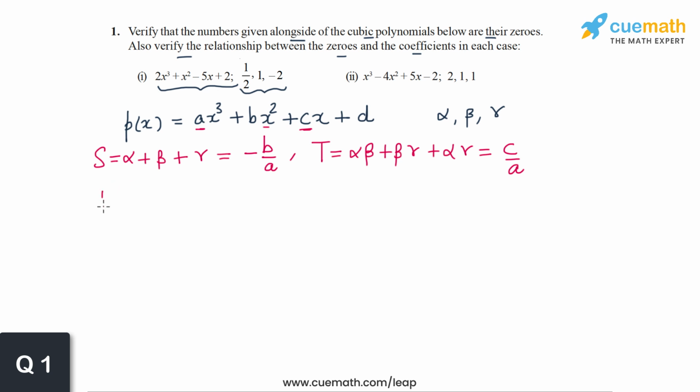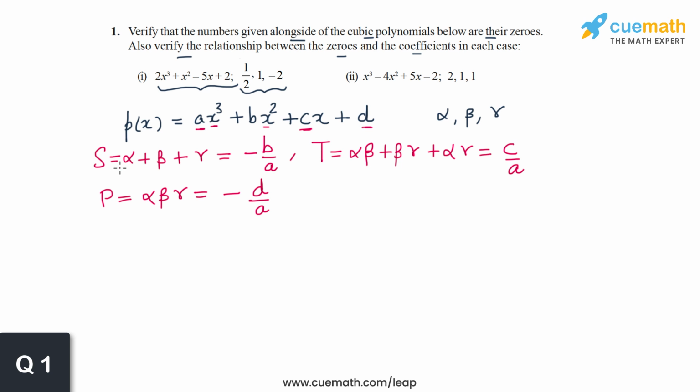And finally the product of the zeros, p, which is alpha beta gamma, should be equal to minus of the constant term, so minus d, over the coefficient of x cube, so minus d over a. So we have to verify whether these 3 relations hold for each part or not.